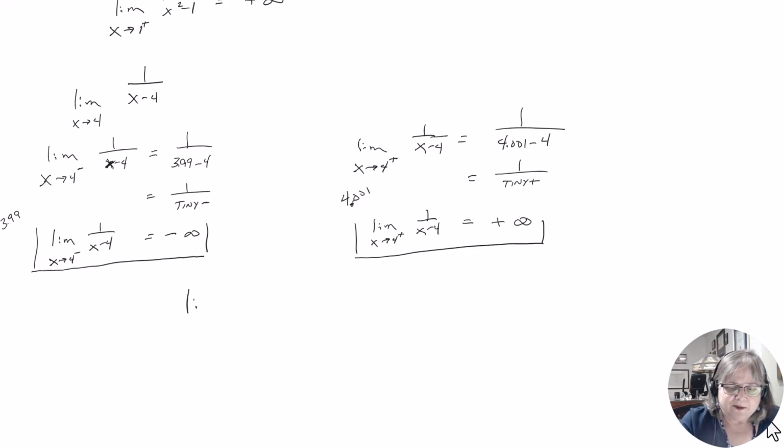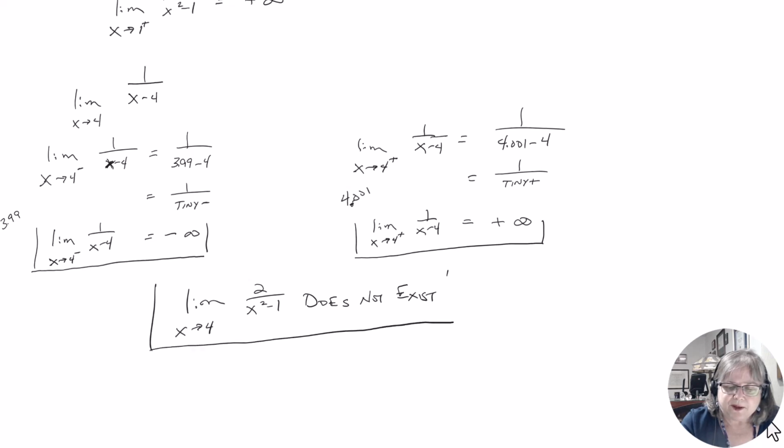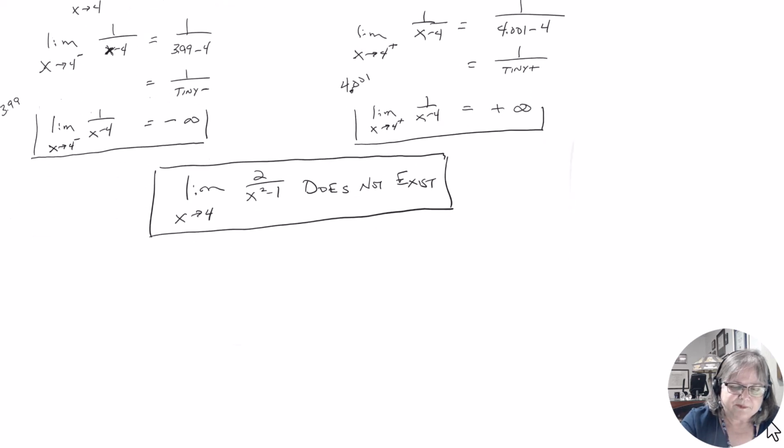So the limit as x approaches 4, without the plus or minus, it means both sides, of 1 over x minus 4 does not exist because there's not a match. And this is your final answer. Okay?